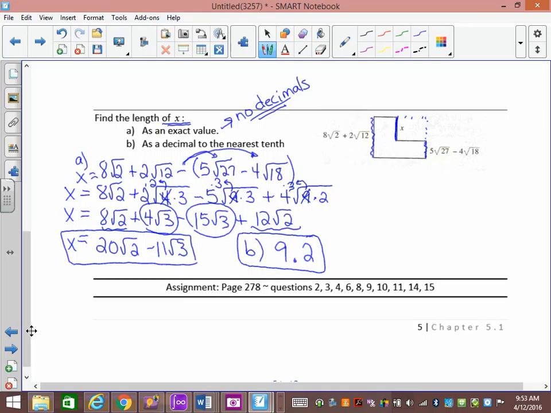Okay, page 278. I'm going to be doing homework checks every day, but I'm doing homework checks of 3 questions, so you'll find out when I check it.